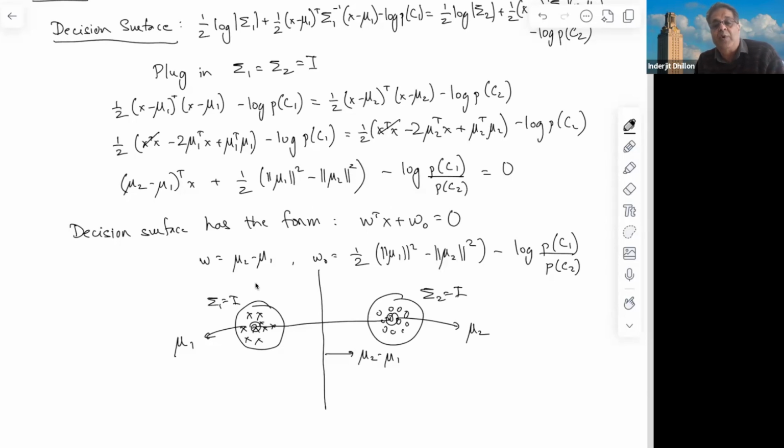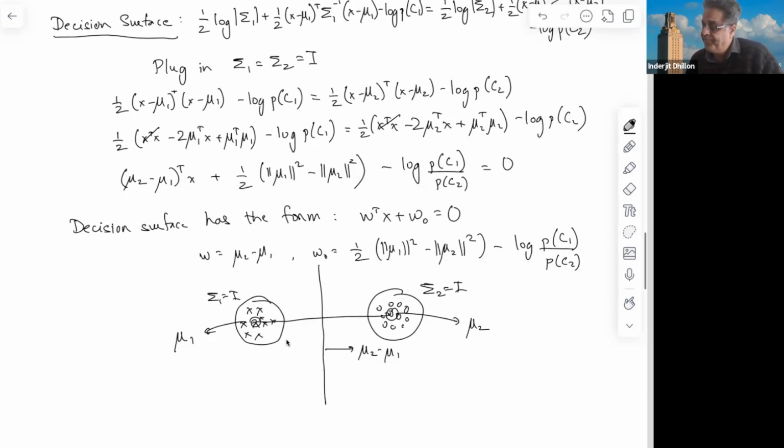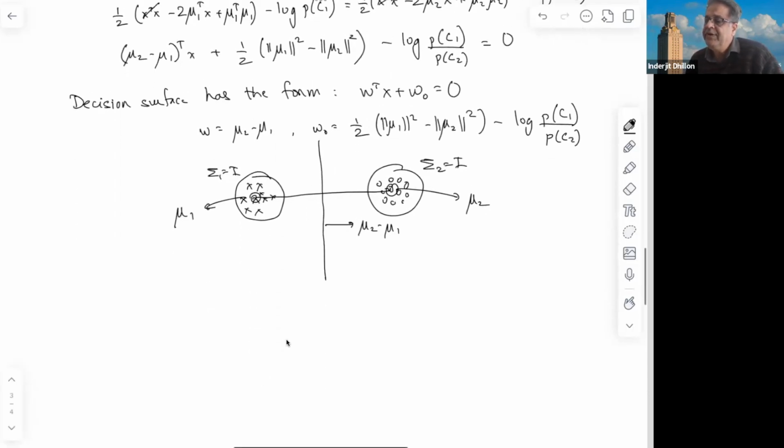If class 1 is more likely, then this decision surface will shift to the right. If class 2 is more likely, then it will move to the left. Any questions?